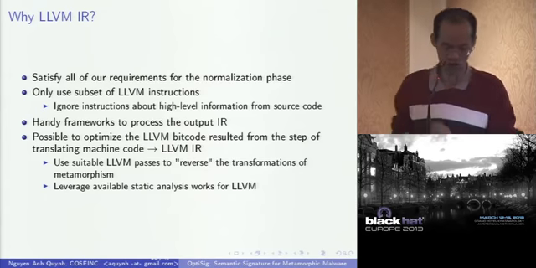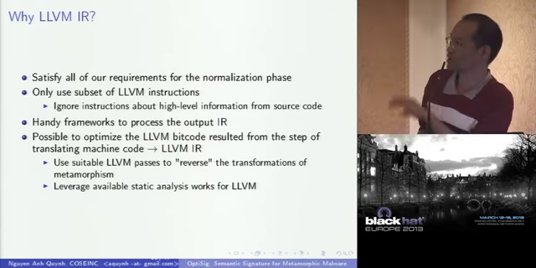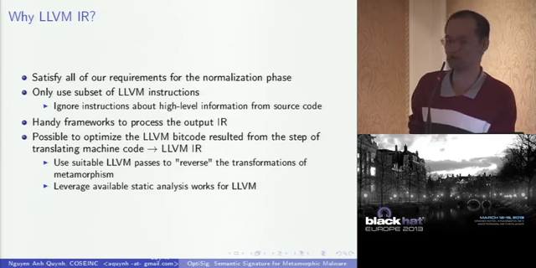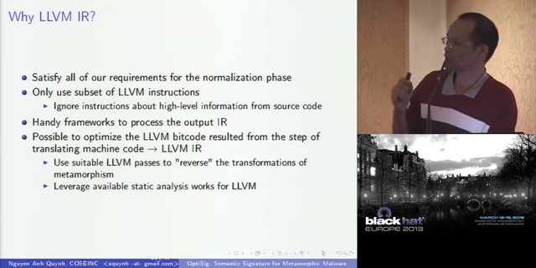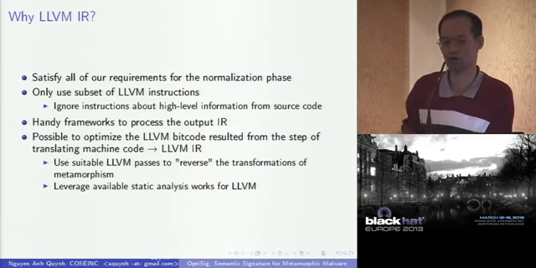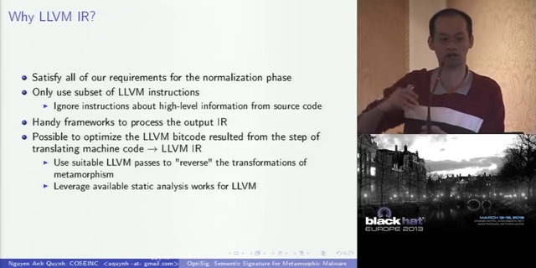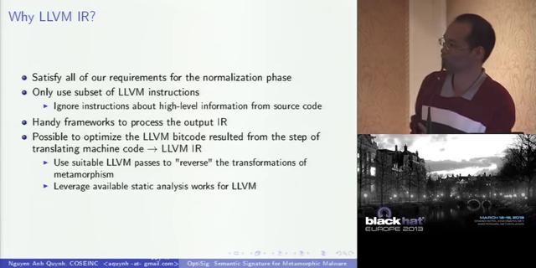We choose LLVM because it satisfies all the requirements for the normalization phase. And remember, we only use a subset of LLVM. We don't use all the 31 instructions. We just use a subset of instructions.